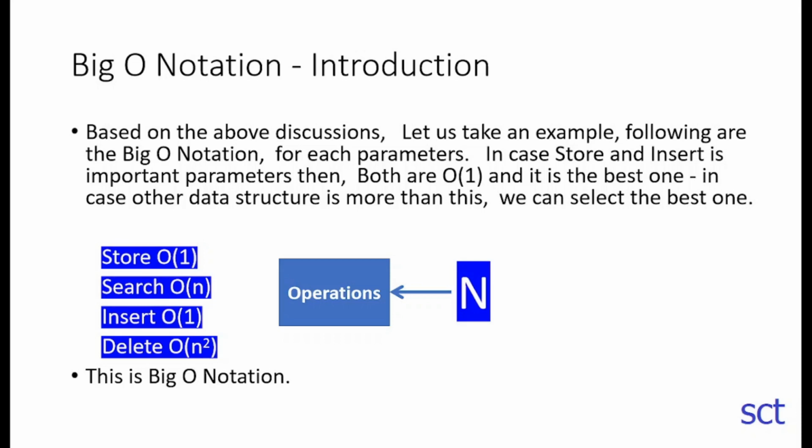When you want to compare these two data structures, if store is important and insert is important for a particular problem, then the best data structure is the one which has O of 1 for store and O of 1 for insert. Okay. So basically this is the big O notation.